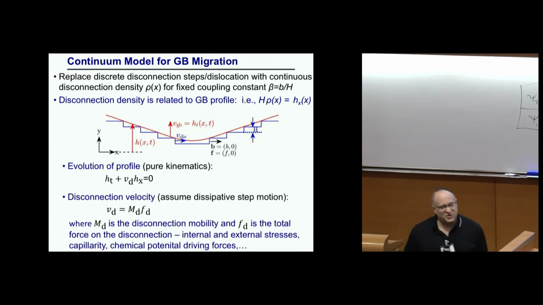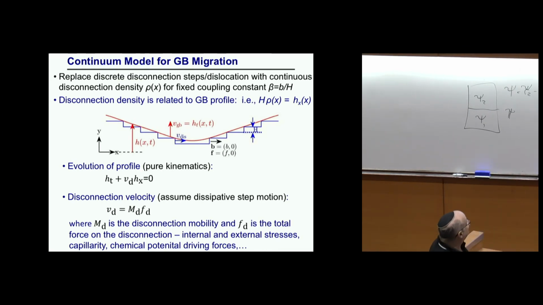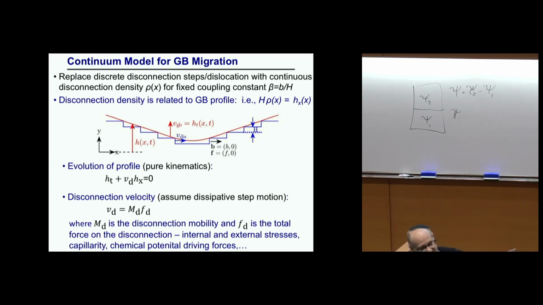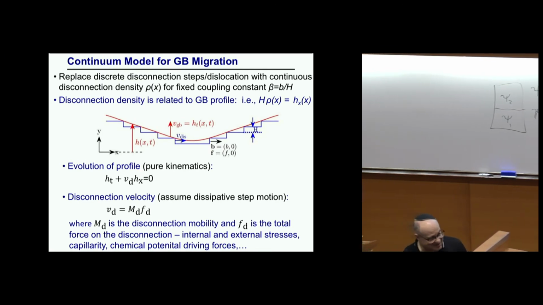And then what I'm going to do, and this is an assumption, is say that the velocity of the disconnections is proportional to the total force on them, which I can get by the variation of the free energy with respect to displacements of the steps, times a mobility. That's an assumption.